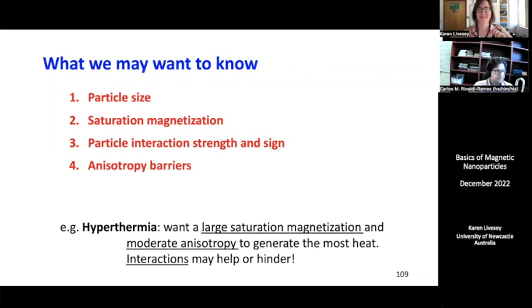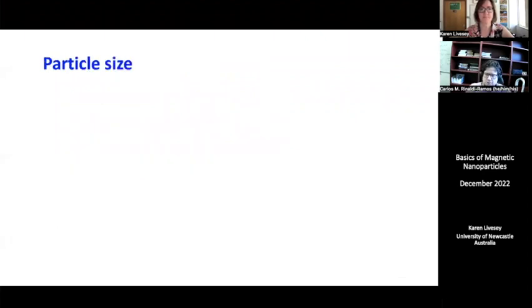There's a lot of literature out there about how interactions can help hyperthermia or hinder it depending on how particles have assembled. So you can see just from this example that we want to know these characteristics of magnetic nanoparticles to see if they're suitable for particular applications.